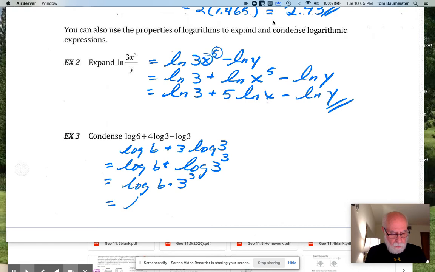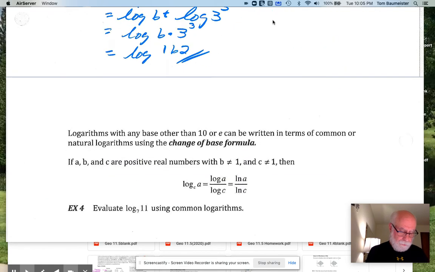And finally, what is log to the 6 times 27? Because that's what 3 cubed is. And you would tell me it's log to the 162. And that's as condensed as we can make it. Okay, pretty straightforward stuff right now.